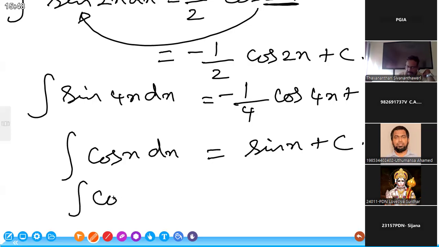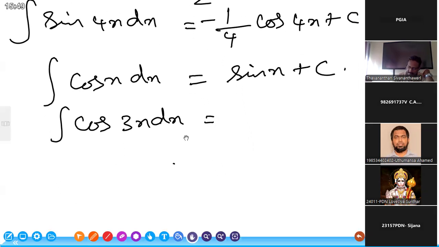If you integrate cos 3x with respect to x, anyone? 1 by 3 sin 3x plus c.